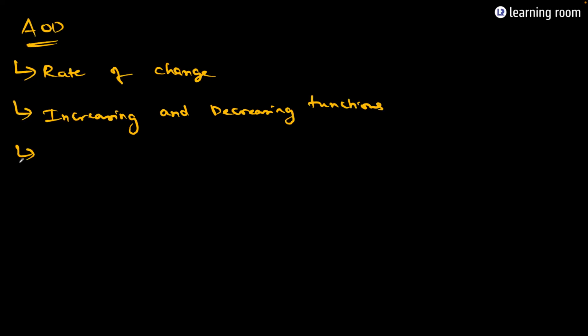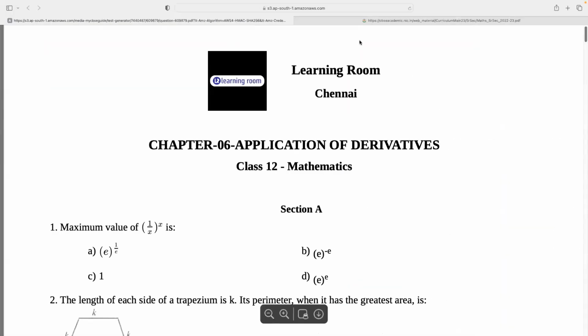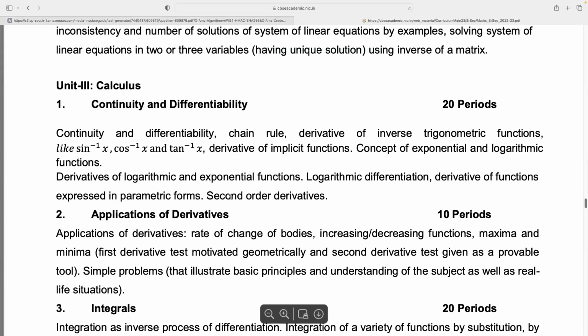And third, maxima and minima. You see, these are all the topics that are retained. Tangents and normals, and approximations are deleted. So you have 6.1, 6.2, and 6.5. Right?